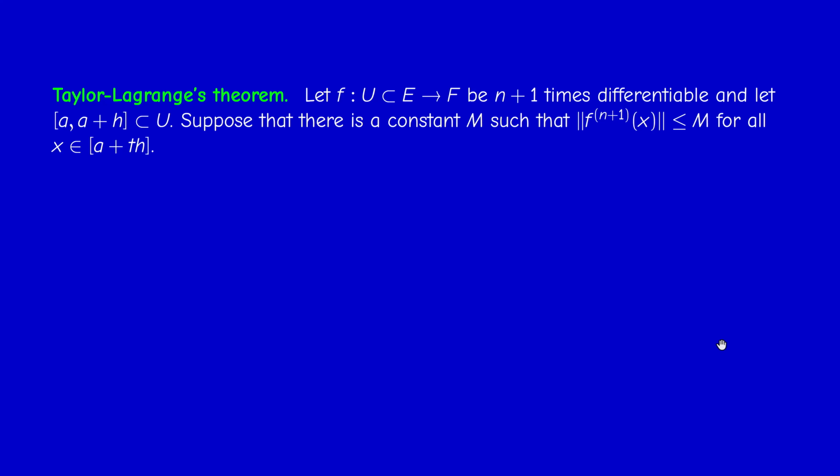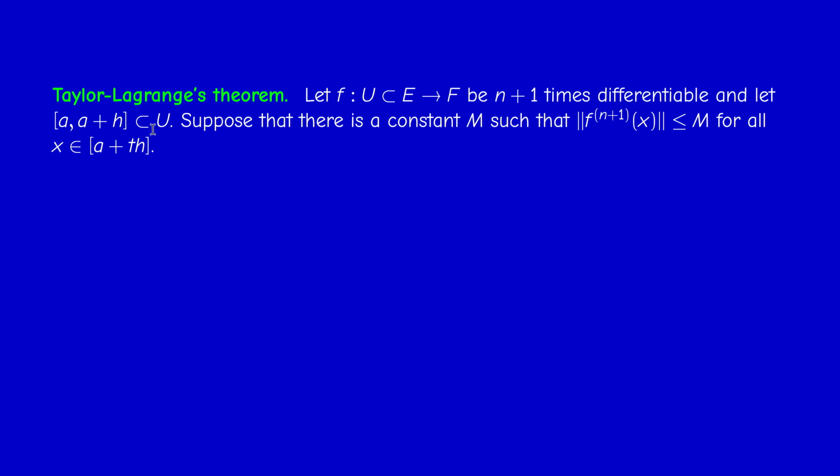Okay, now we are ready to prove the Taylor-Lagrange theorem. So under the same assumption, if the n+1 derivative is bounded by constant m on the segment joining a to a plus h, because we have to assume that the straight line segment joining a to a plus h is in u in order for the theorem to make sense, because I need to evaluate f at a plus h and f at a plus th, where t is between 0 and 1.